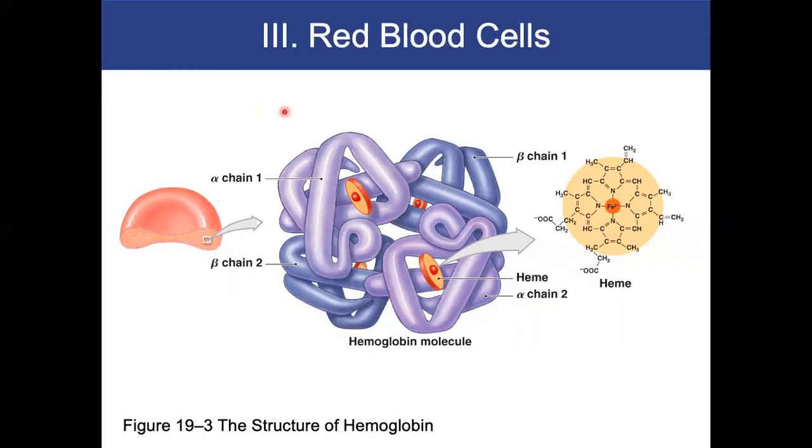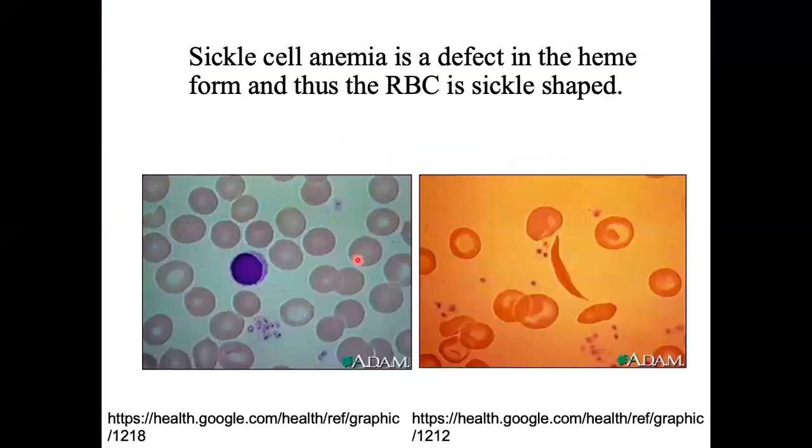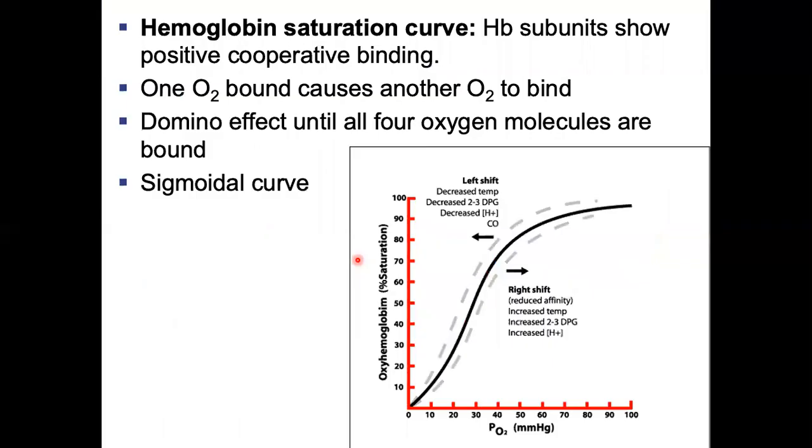You need some oxygen in this local area to get oxygen to bind to hemoglobin, and then oxygen jumps on, and oxygen jumps on. That's called positive cooperative binding. One oxygen bound causes another oxygen to jump on until all four oxygen molecules are bound, and this gives it a sigmoidal curve.